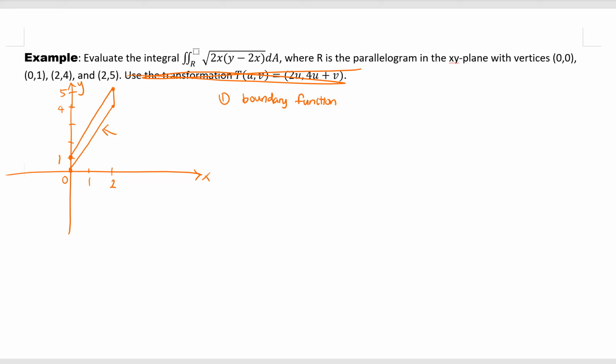We know the line y equals mx plus b, and here b equals 0. So for the first line, b equals 0, and m is the slope, that is change in y over change in x. So this is 4 over 2: y is 4 and x is 2.